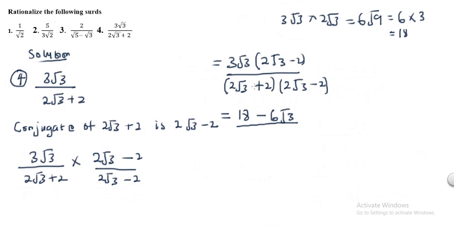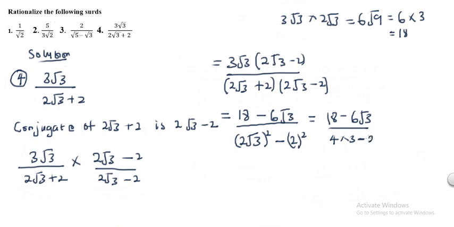So this is 18 minus 6 root 3 divided by. Now the denominator is a difference of two squares. So what you do is pick the first term, 2 root 3, and square it, minus the second term, 2, squared. So here you have 18 minus 6 root 3 divided by 2 root 3 square, which is 4 times 3, minus 2 square, which is 4.